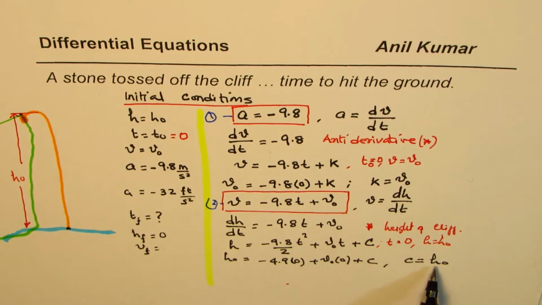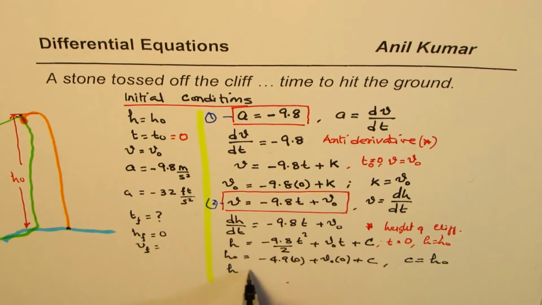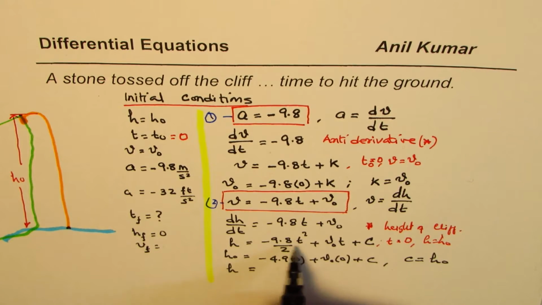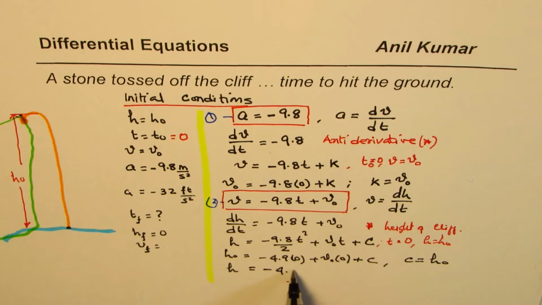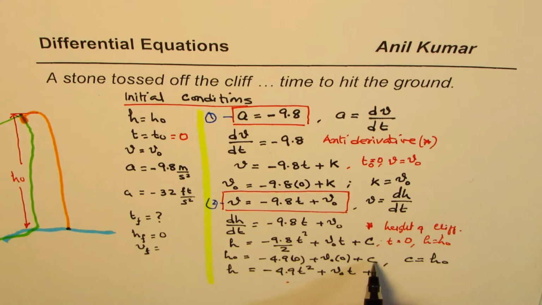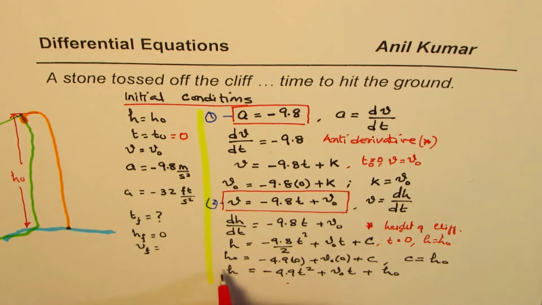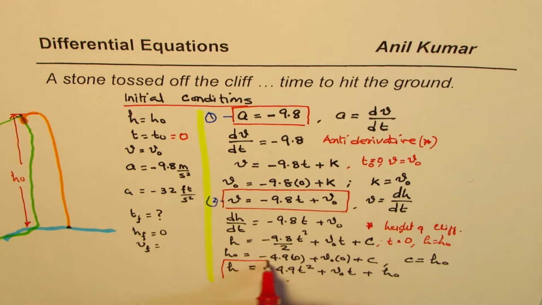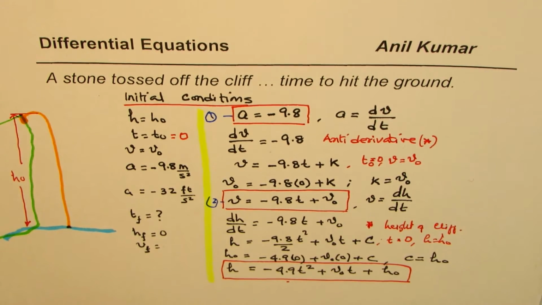Once you substitute this back into your equation, you get the function of height. So height is now related with time as minus 4.9 t square plus initial velocity times t plus the constant, this time the height of the cliff. So that becomes your equation, which is relating height, time, and velocity.